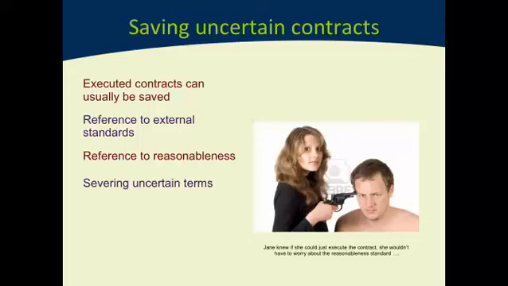If we remove that term from the contract altogether, what's the contract going to look like? If the contract is going to work fine without that severed term, if the obligations of the parties are going to be essentially the same, it's just that there's something about the nature of the enforcement that's changed, well then the court is going to say, fine, let's sever the term from the contract.